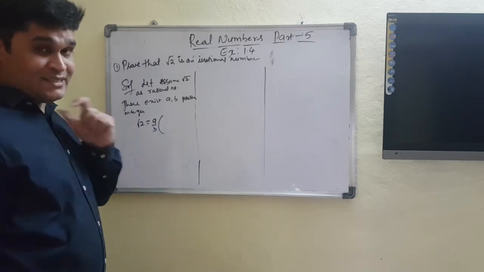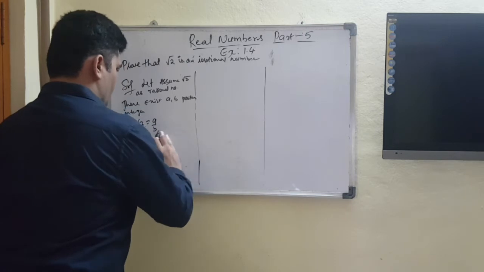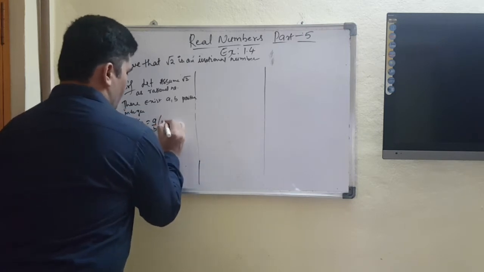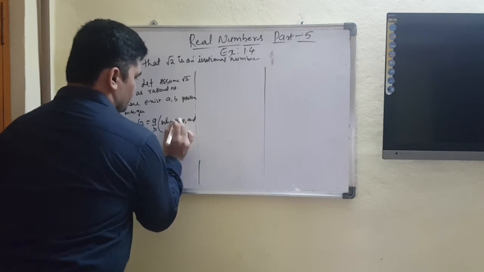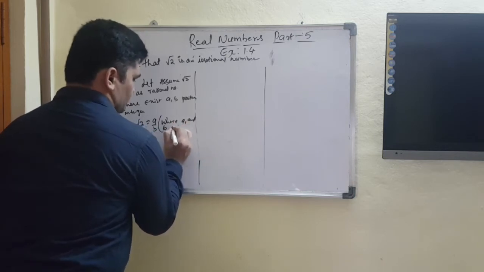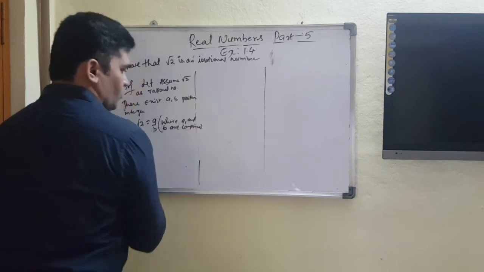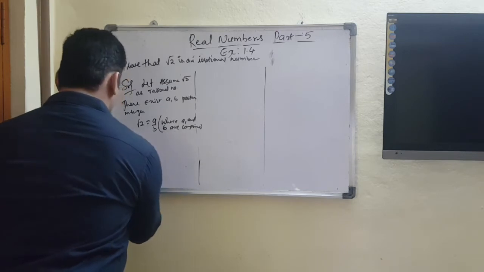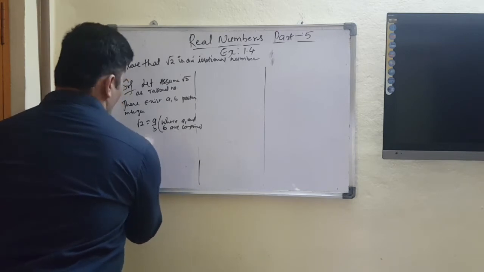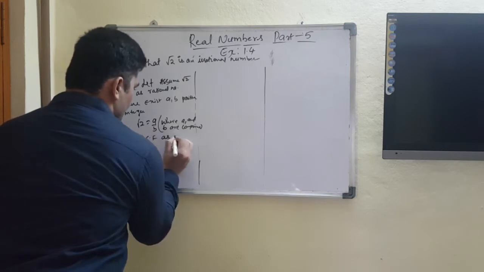In the bracket, the reason is that where a and b are co-prime, having HCF as 1.